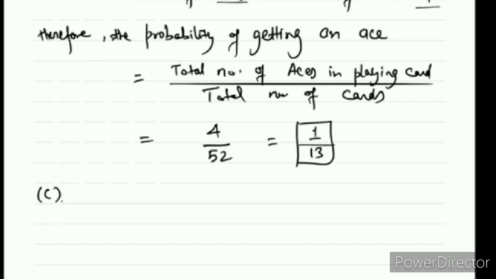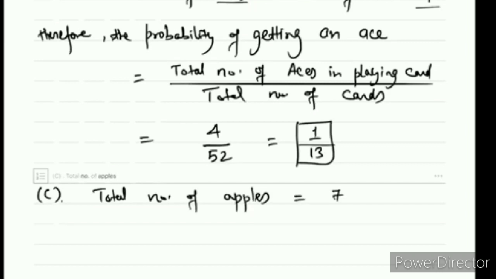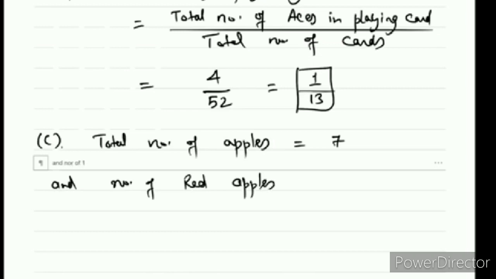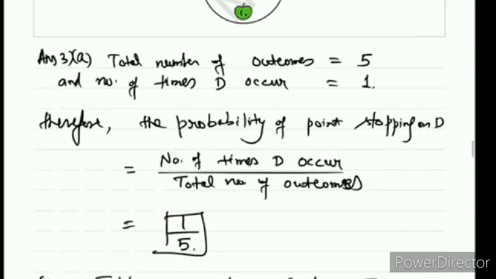First we will write total number of apples in the figure. Total number of apples is equal to 7. And number of red apples is equal to how many? Yes, 4.